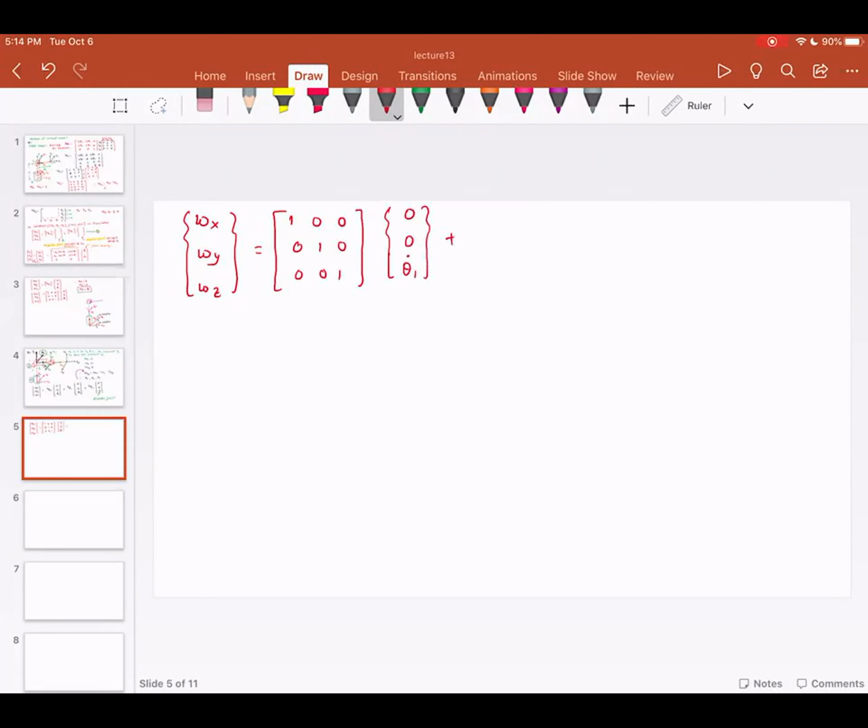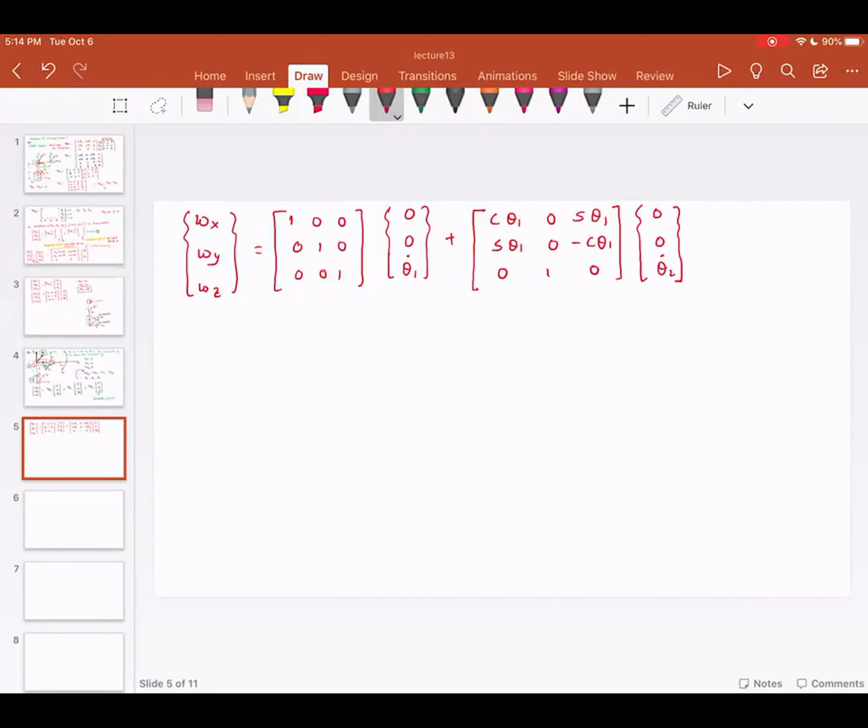Now, please note, the good news is we already have 0R1, and 0R1 is cosine theta 1, 0, sine theta 1, sine theta 1, 0, minus cosine theta 1, 0, 1, 0. And here the joint variable is 0, 0, theta 2 dot.